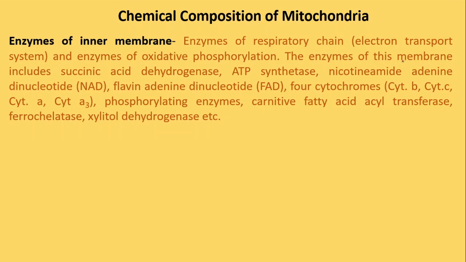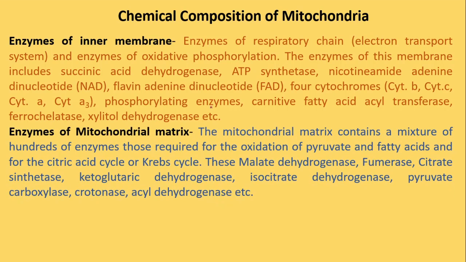The enzymes of this membrane include succinic acid dehydrogenase, ATP synthetase, nicotinamide adenine dinucleotide, flavin adenine dinucleotide FAD, four cytochromes like cytochrome B, cytochrome C, cytochrome A, cytochrome A3, then phosphorylating enzymes, carnitine fatty acyl transferase, ferrochelatases, xylitol dehydrogenases, etc. So all these are the enzymes present in the inner membrane of mitochondria.